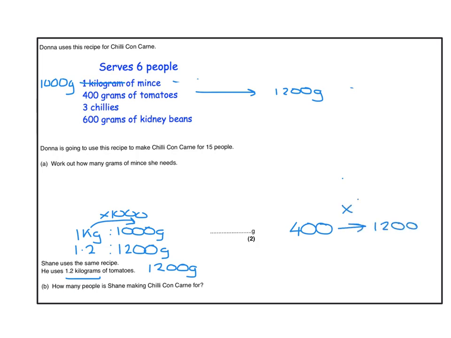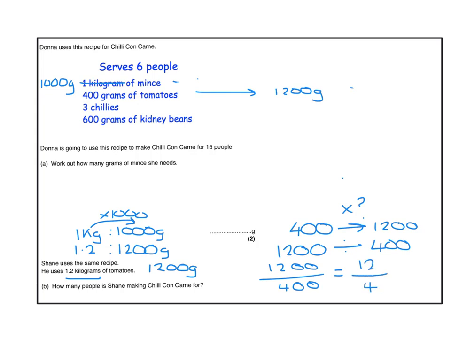What did I times by? You probably know. I need to do it backwards. 1,200 divided by 400, which is the same as saying 12 divided by 4, which is 3. So I've times by 3.